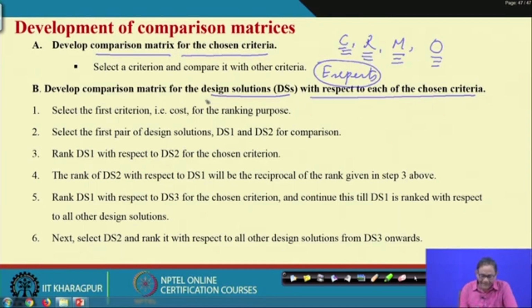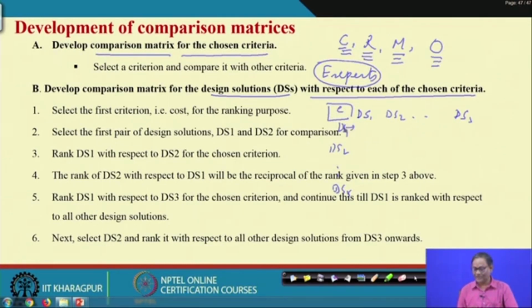Now, suppose again you have a set of alternatives like DS1, DS2 to DS5. With reference to, let it be the first criterion, cost, how do you rate these alternatives?